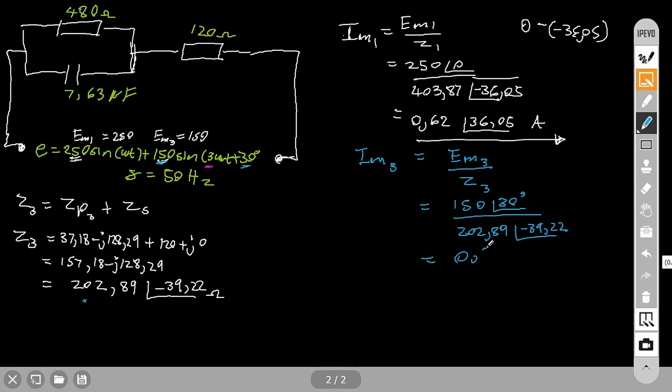You'll get 0.74. Then you say 30 minus negative 39.22, which is going to be a minus, and a minus subtracting a negative, it's a positive. So we are going to get 69.22. And guys, I do apologize for the noise in the background. I just wanted to shoot this video as soon as possible.